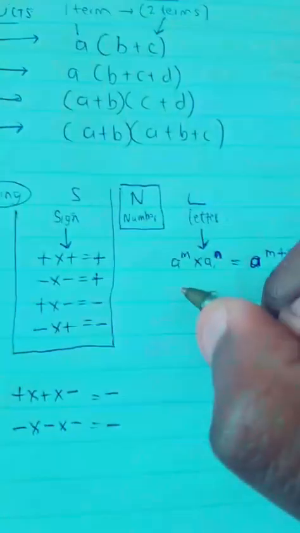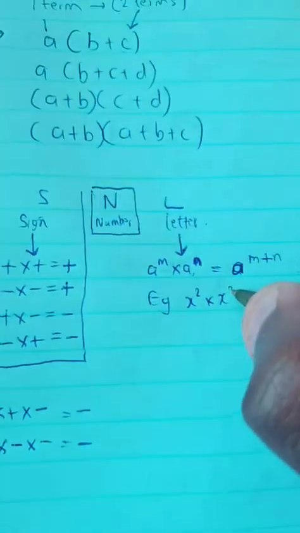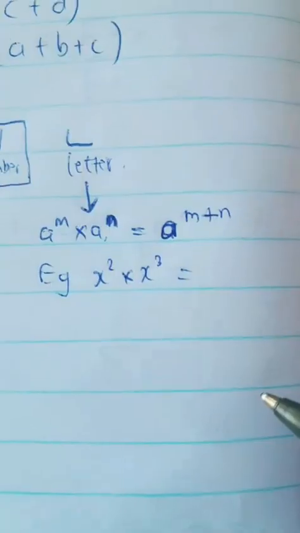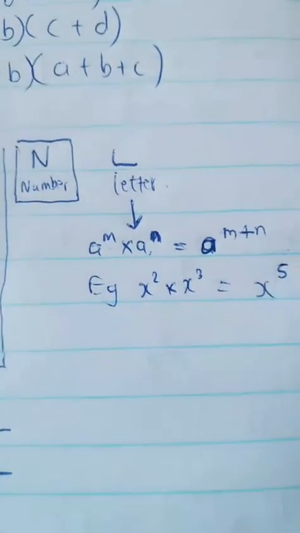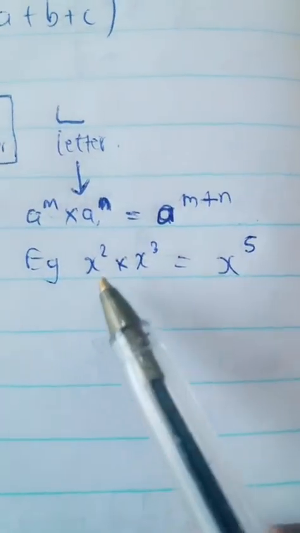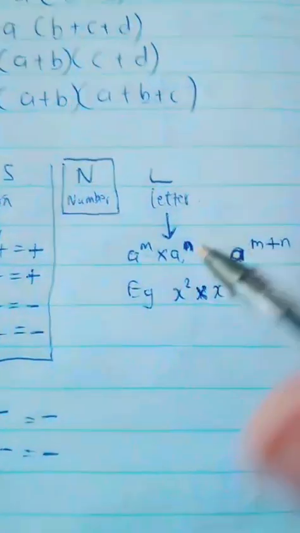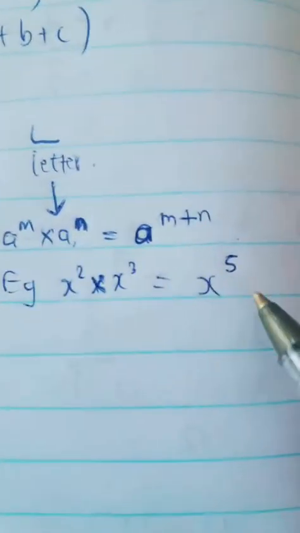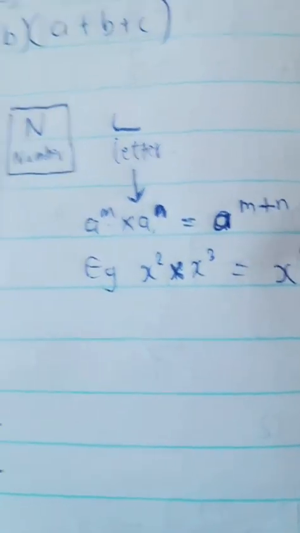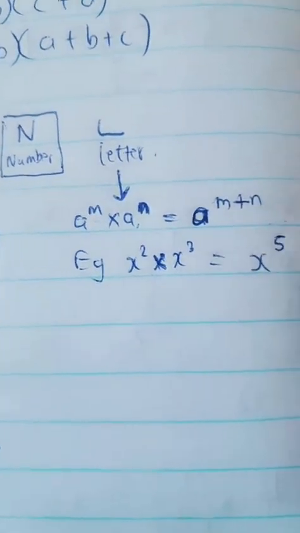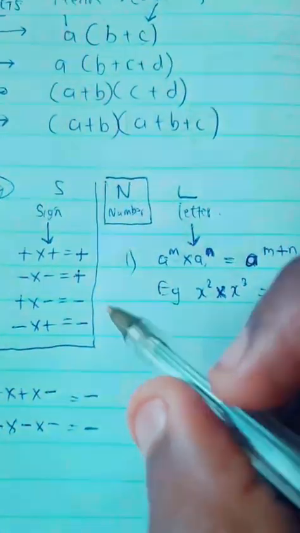For example, x to the power 2 times x to the power 3 will be equal to x to the power 5. Why? Because when we are multiplying same bases, we keep the base and then we add the exponents. Very important. So that's law number 1 of exponents.